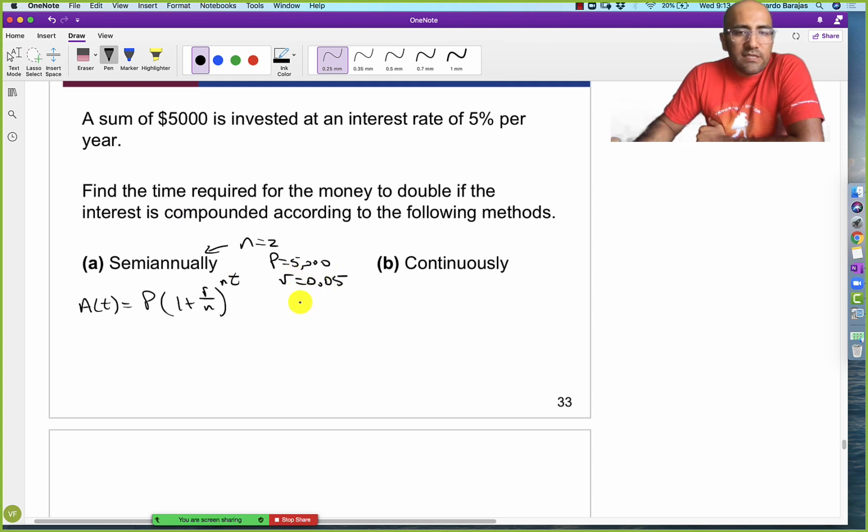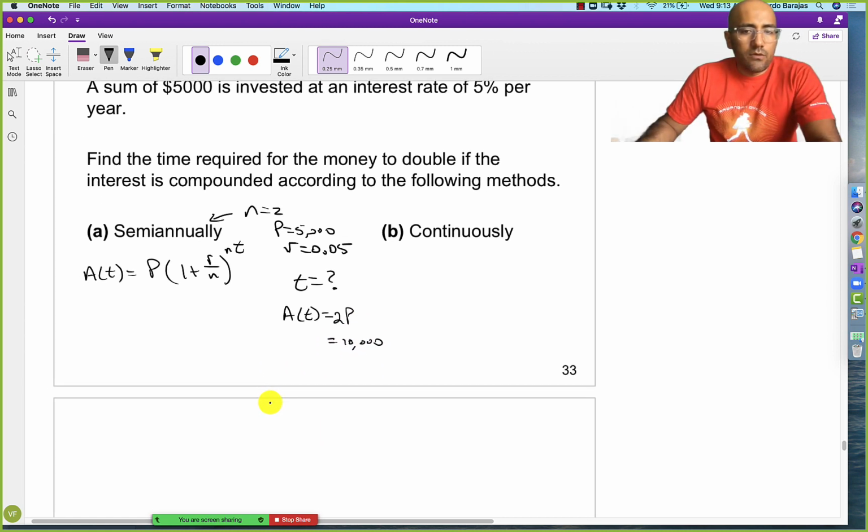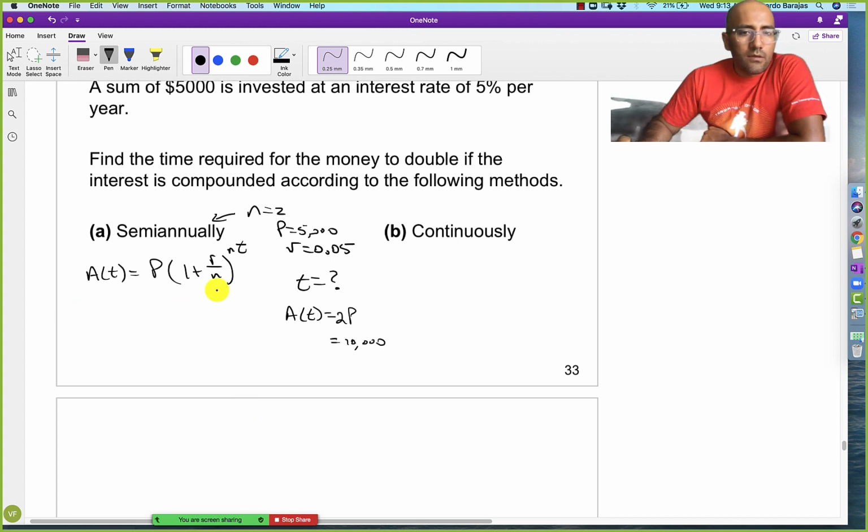And we're looking for t, the time it takes for the principal to double. So I know that the output of this should be twice the original principal amount, twice p, right? So it should be equal to 10,000. Good.